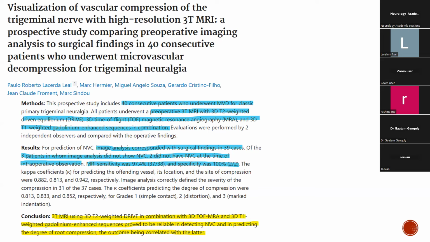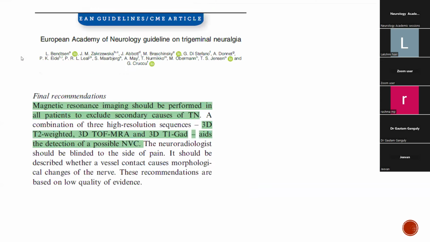They found that 3T MRI using 3D T2 weighted DRIVE in combination with 3D TOF MRI and 3D T1 weighted gadolinium enhanced sequences proved to be reliable in detecting neurovascular compression and in predicting the degree of root compression, and the outcome being correlated with the latter.